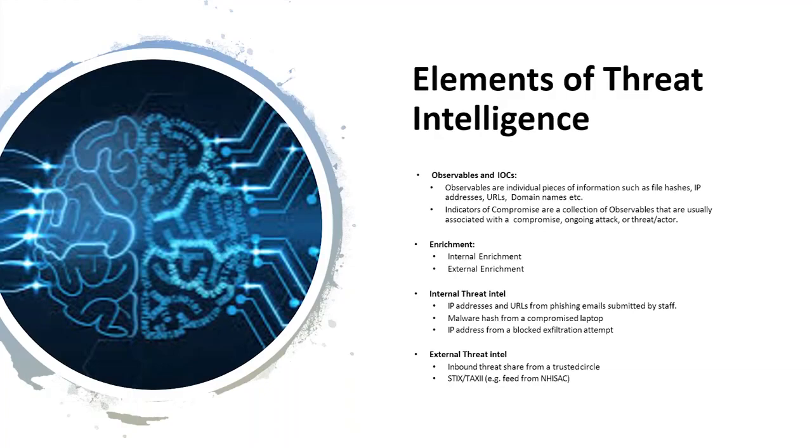Internal enrichment pertains more to IP addresses and URLs from phishing emails which are submitted by internal staff or perhaps an internal cybersecurity team. It also gets information about IP addresses from blocked or exfiltration attempts, or perhaps if there was a DDoS attack or some kind of an active or a passive activity, it's that information.